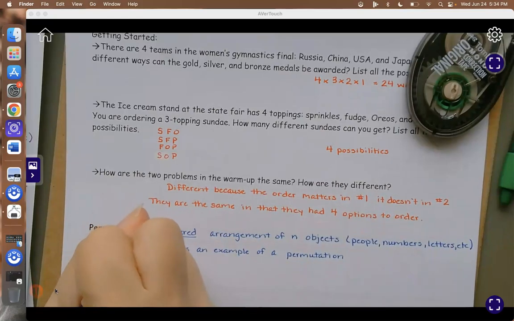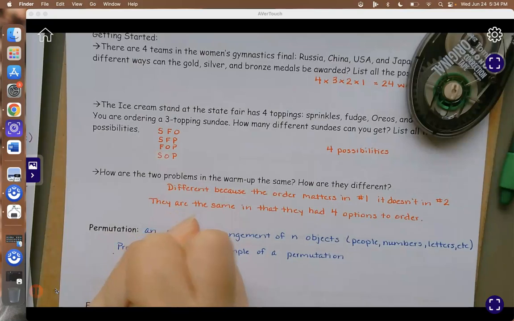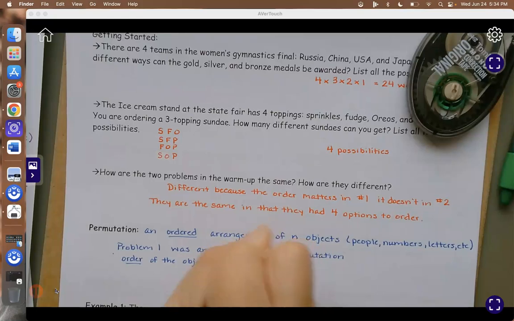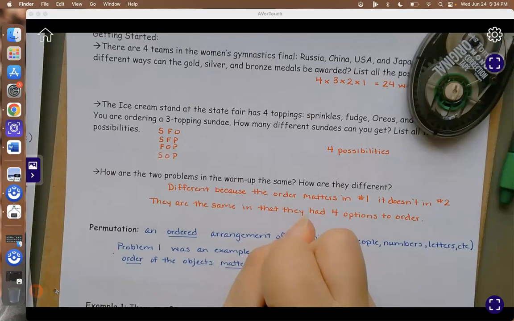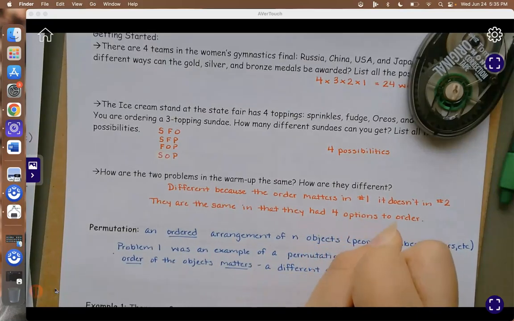In a permutation, the order of the objects matters. A different order creates a different outcome.